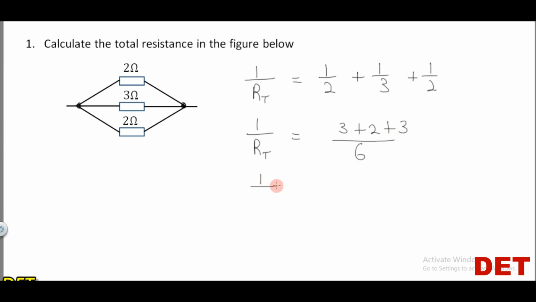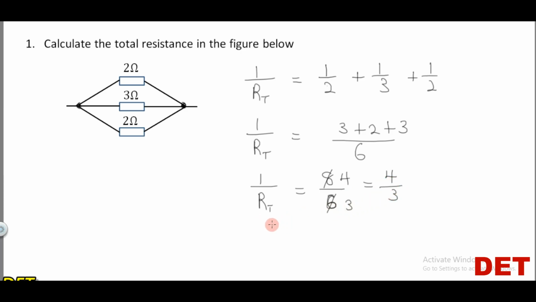So 1 over R_T is equal to (3 plus 2 plus 3) over 6, which is 8 over 6. Dividing both by 2, 8 gives 4 and 6 gives 3, so that's 4 over 3.